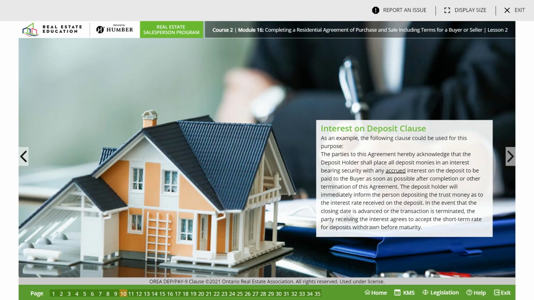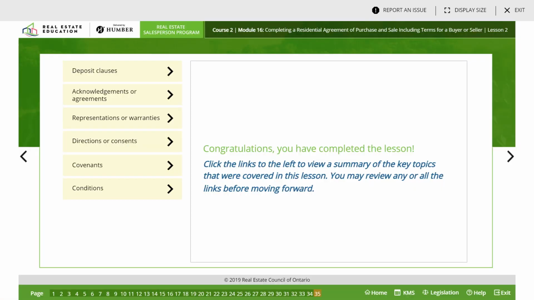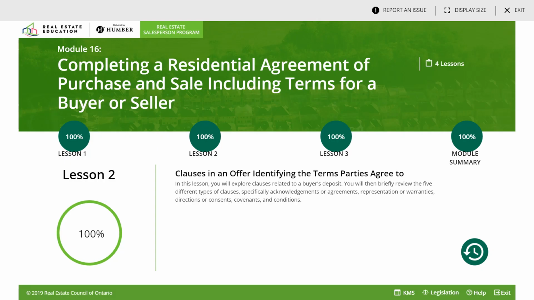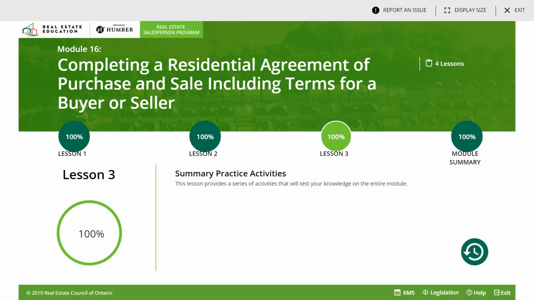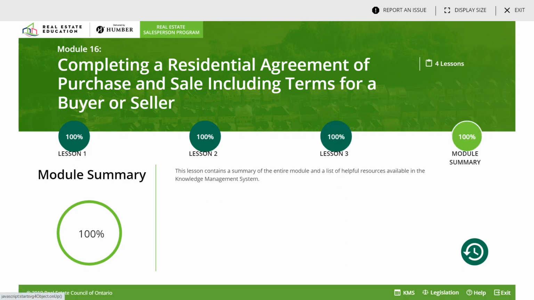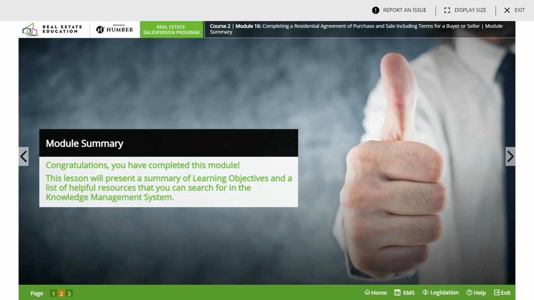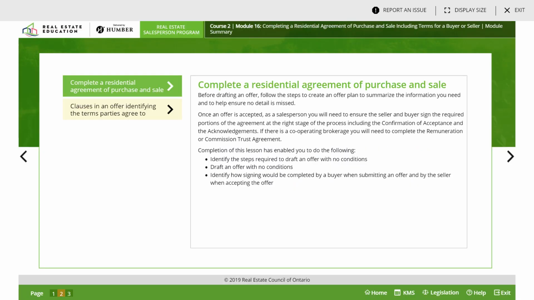Okay, basically everything we talked about, but in more detail. I do strongly suggest you read this through so you understand it better. Lesson 3 is basically summary practice activities. We're not going to do that. Module summary, they talk about the same thing.